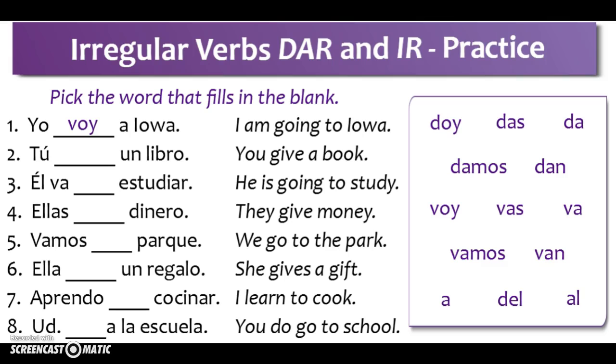You give a book. Tú das un libro. Ella va, that's right, a estudiar. He is going to study. Your two verbs are already there, va and estudiar. You needed the preposition a in between them.